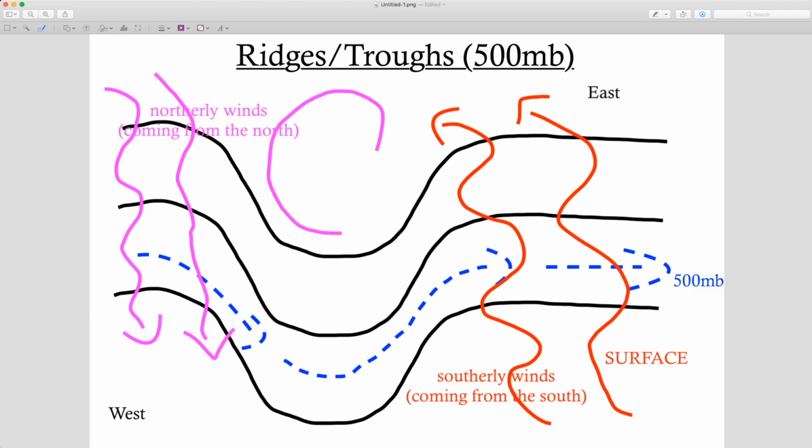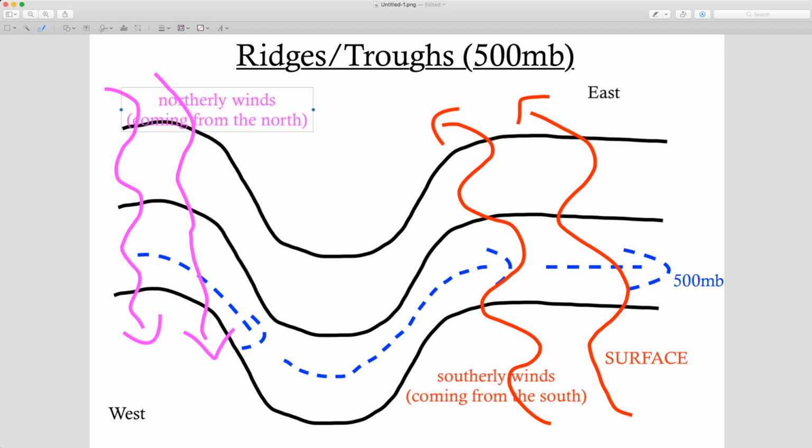Okay, now one of the things that you should have realized is this area here. And again, sorry, these are at the surface. So what's happening here? What does it look like? Well, you can notice that if we have northerly winds on the western side and we have southerly winds on the eastern side, you would have a counterclockwise circulation at the surface, right?